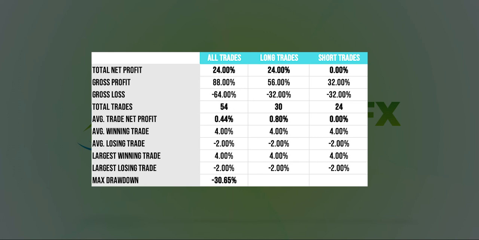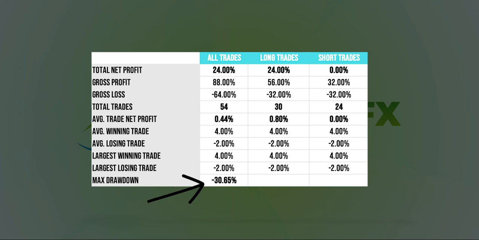Okay, so as we move out of this, let's take a look at this big segment down here, and as you can see, all 24% of our profit came from long trades. I wouldn't necessarily say only take long trades, but maybe something to think about. But the biggest worry here is this max drawdown, minus 30%.